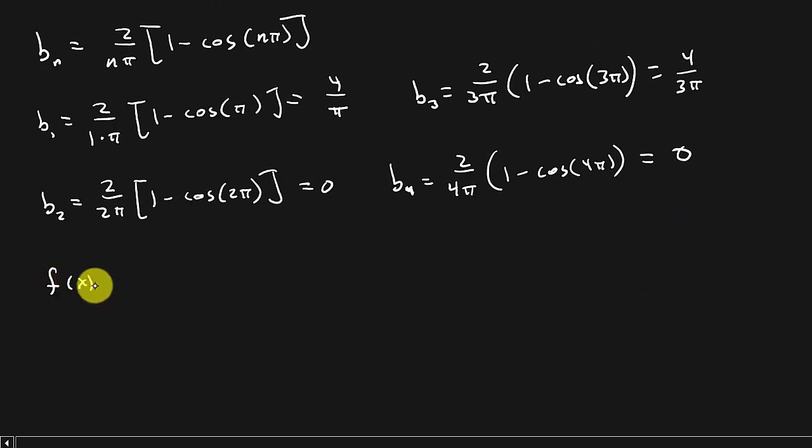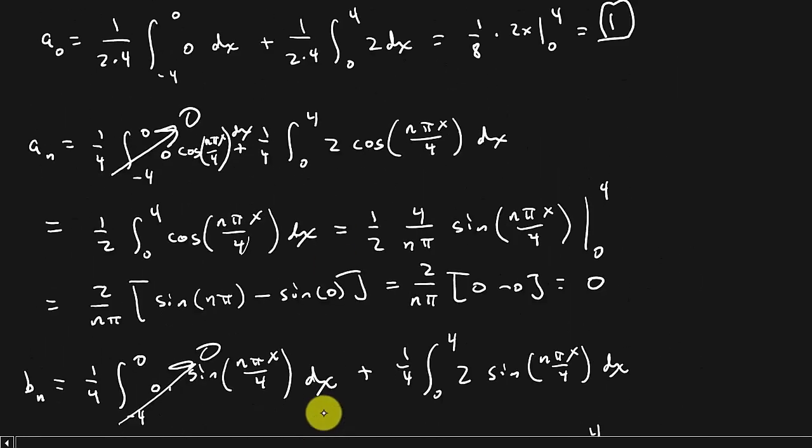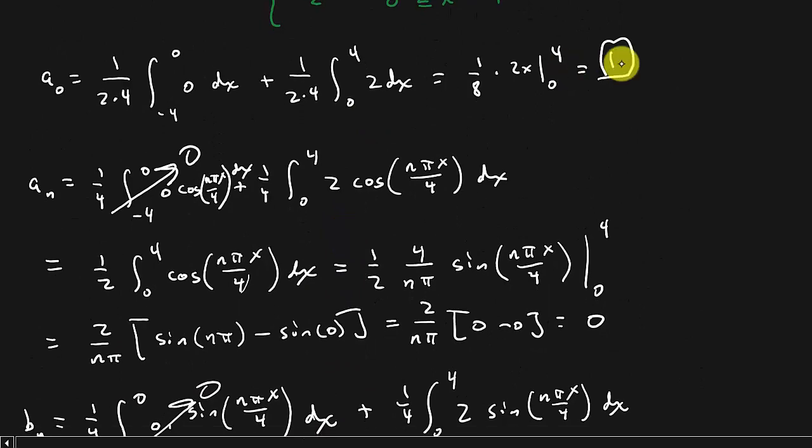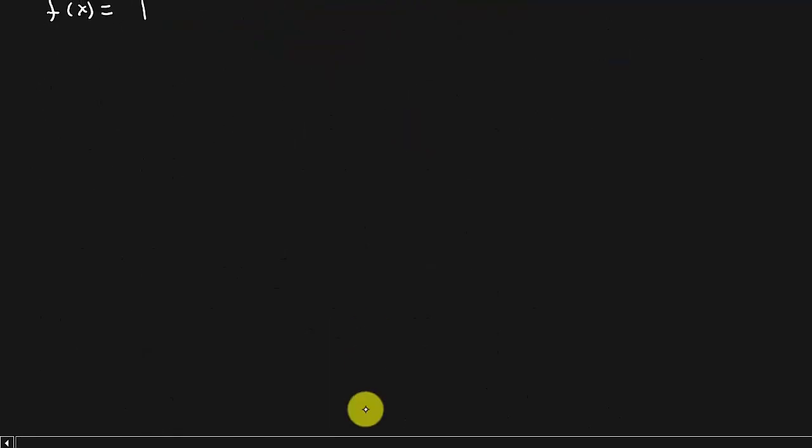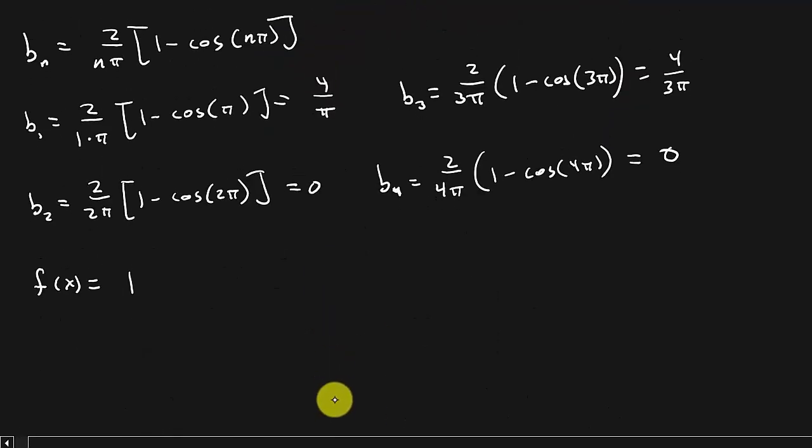And so we have f of x is equal to 1. I probably forgot about a naught up here. Let's see, our constant a naught is 1. And now we just have coefficients for b. So that's plus 4 over pi times the sine of what?